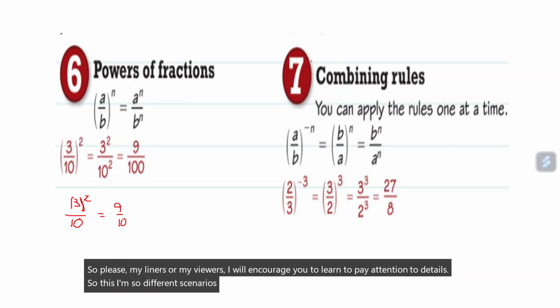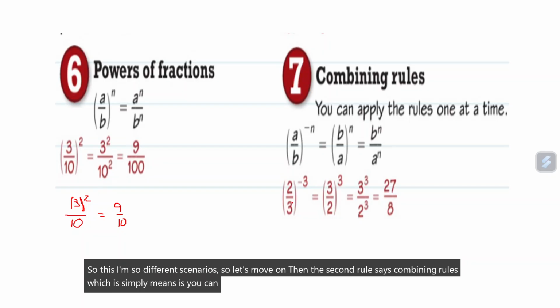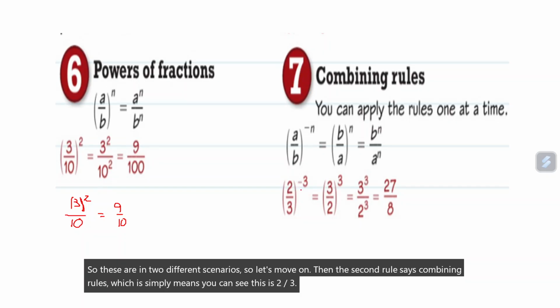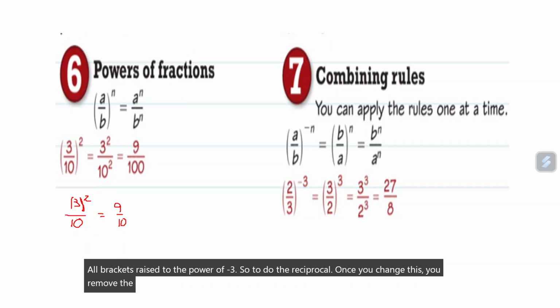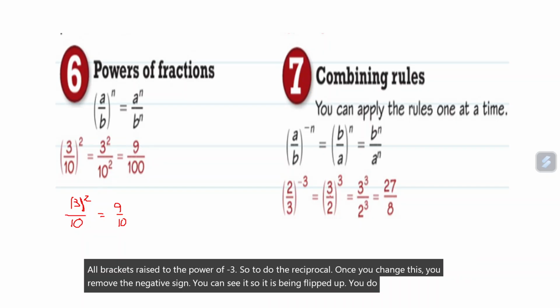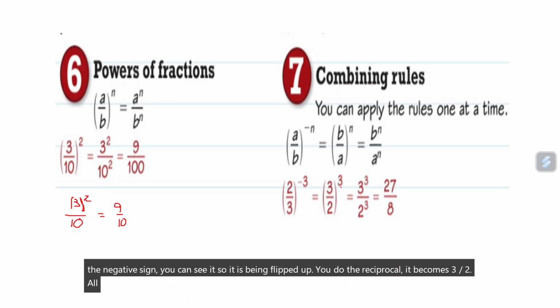So let's move on. The second rule says combining rules, which simply means, you can see this is 2 over 3, all in brackets, raised to the power of negative 3. To do the reciprocal, once you change this, you remove the negative sign. You can see it is being flipped, or you do the reciprocal, it becomes 3 over 2, all in brackets, raised to the power of 3.